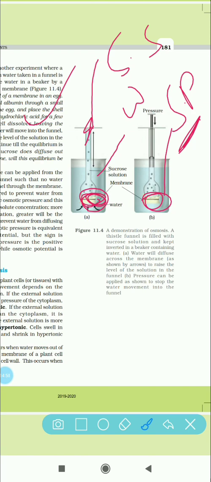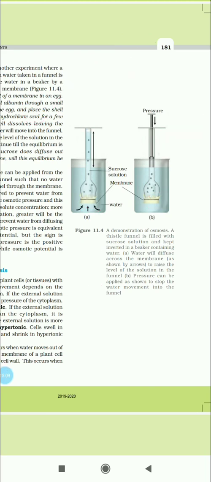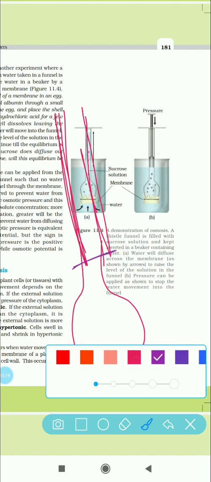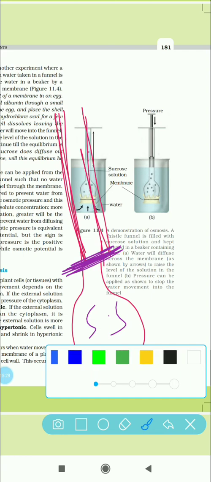Now after some time you observe that the water level which was marked in the thistle funnel, let us assume this as the thistle funnel, the level marked here of the sucrose solution, if it is placed in water, after some time you observe that this level will increase.